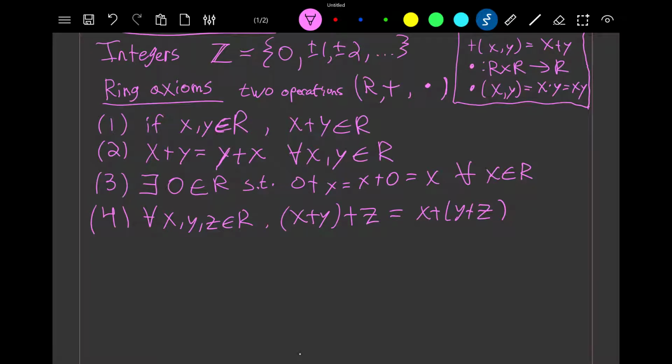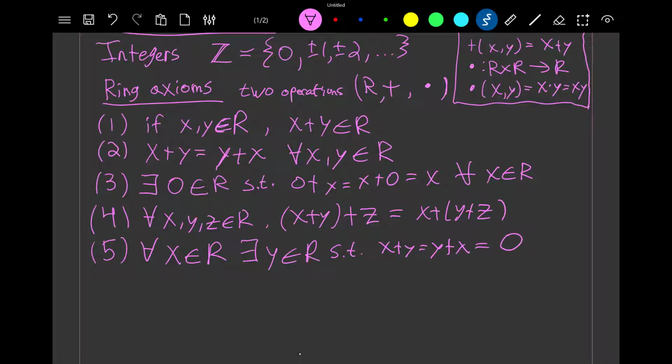Oh, we also have inverses. So this one is kind of minuses. So for every x in our ring R, there exists an element y in our ring R such that x plus y is y plus x is 0. And here we will say y is minus x.